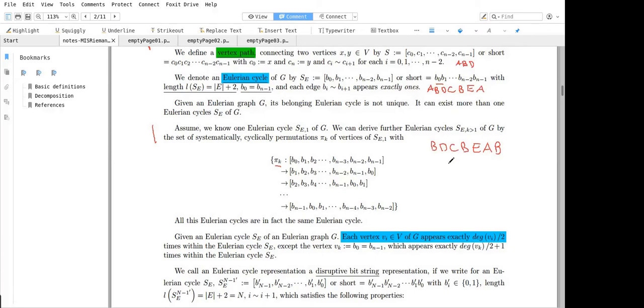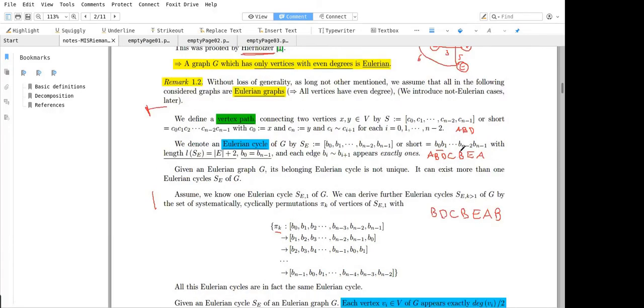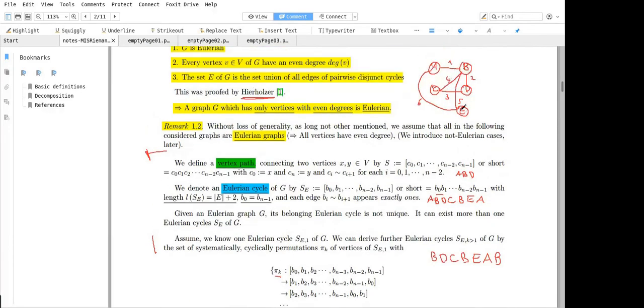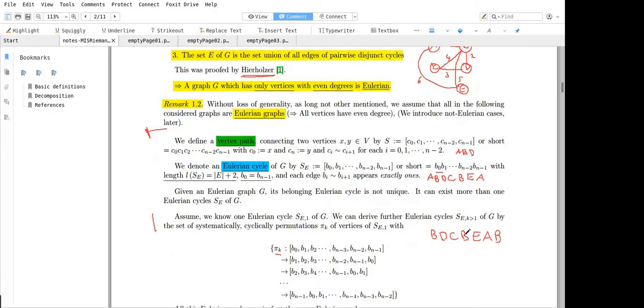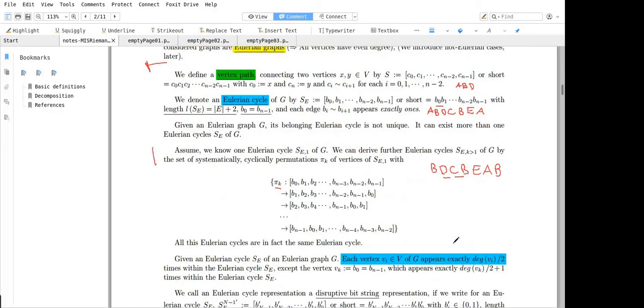If you write here, for example, C, which has two edges, we have the one edge here, the other edge here, so it has degree 2, and to the left of it we have one edge, to the right of it we have one edge in this kind of writing. So it appears one time because it has degree 2.